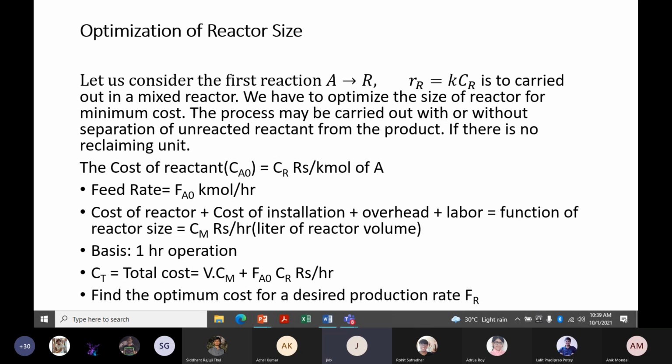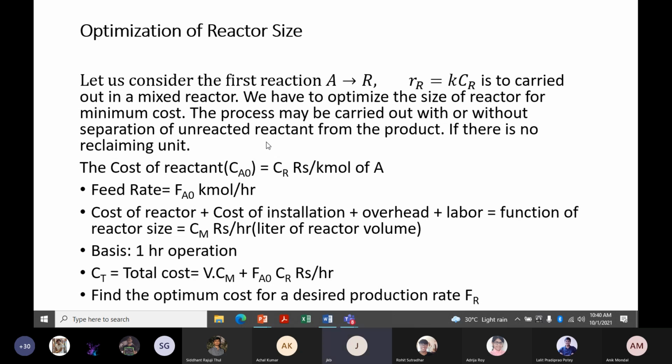You can optimize the reactor volume. But if the percentage of product is very low, say 70% or 80%, then the 20% unreacted material should be separated and a reclaiming unit is required.